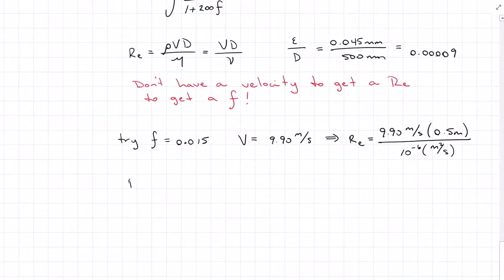And we now have a Reynolds number of around 4.96 times 10 to the 6th, okay? So we can use that to get another friction factor, and we're just doing this circular thing until we iterate to a final velocity value.